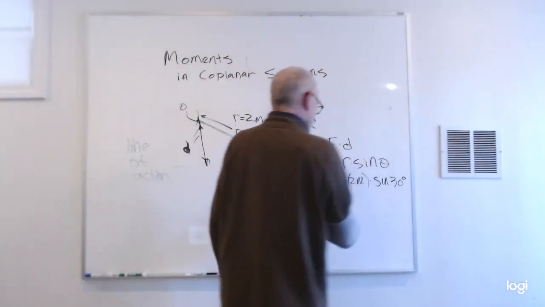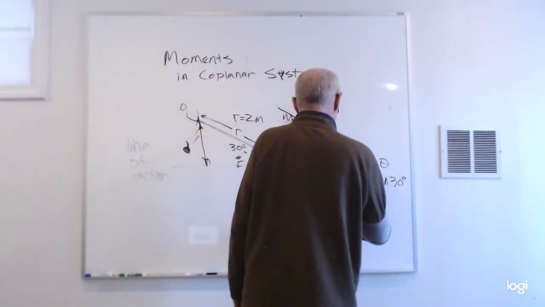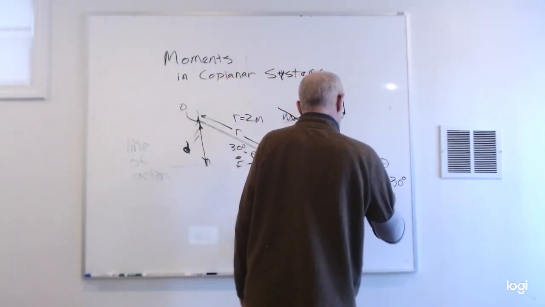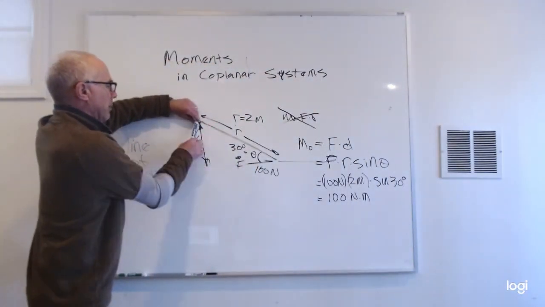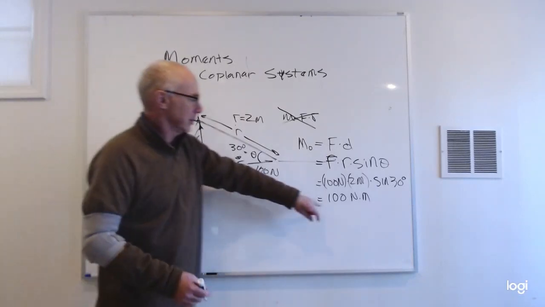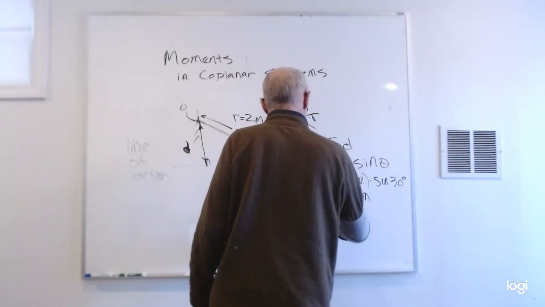So this is going to be 200 times a half, 100 Newton meters. And because we're doing a counterclockwise rotation, it's going to have a positive value. So that's our moment, the magnitude of that moment.